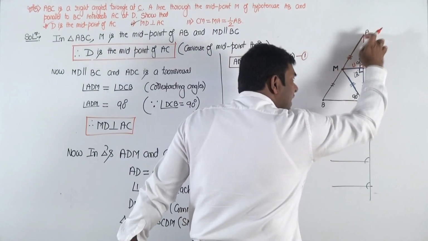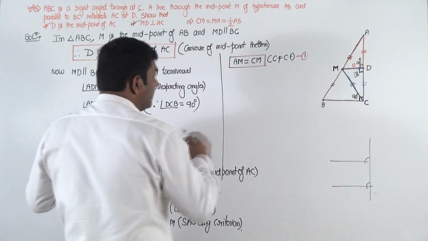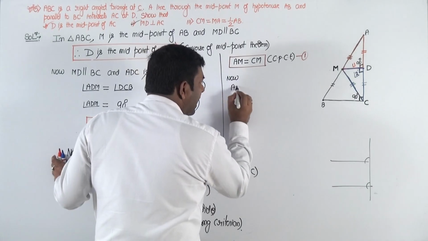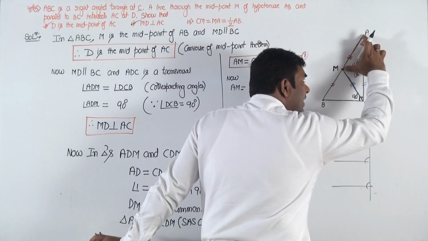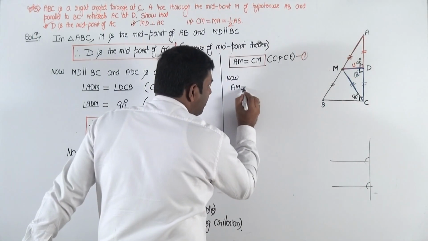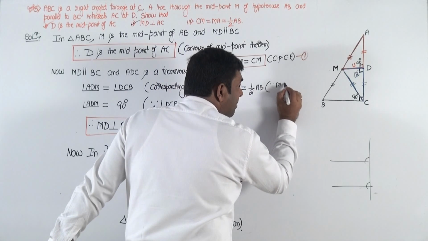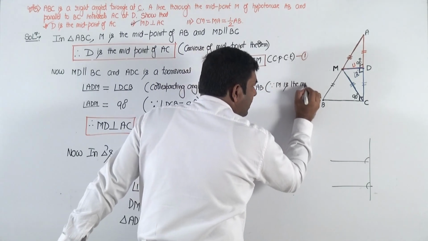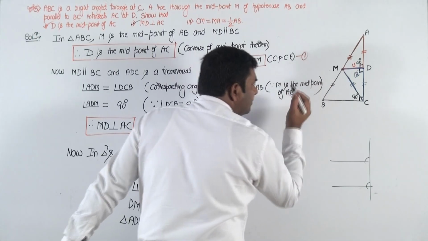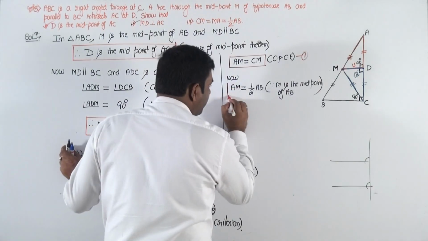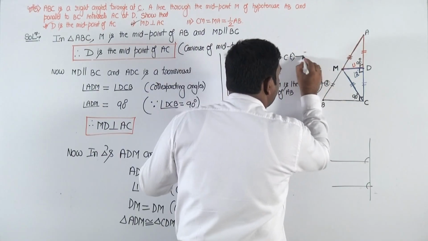So how much will half of AB be? Half of AB is this AM. So I will write that also. This AM is equal to half of AB, since M is the midpoint of AB. Highlight this also. This is equation number 2.